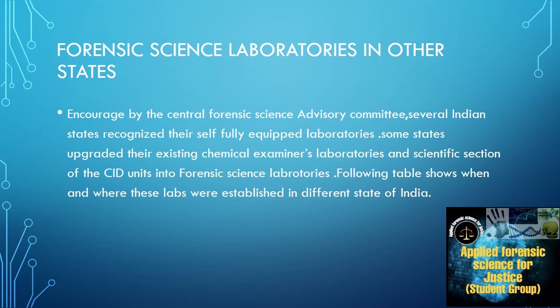Forensic science laboratories in other states. Encouraged by the Central Forensic Science Advisory Committee, several Indian states established their own fully equipped laboratories. Some states upgraded their existing chemical examiner laboratory and the scientific section of the CID unit into a forensic science laboratory.